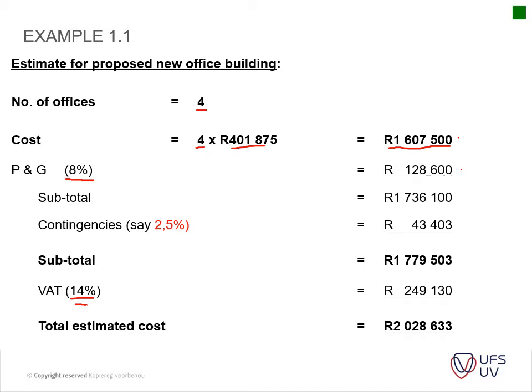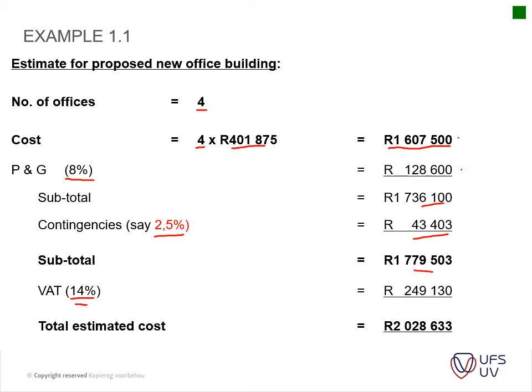Same with your contingencies here. Whenever there's nothing provided, rather use 10% for contingencies. That is a standard rate that everyone is familiar with in the industry, so you're more than welcome to use that. So you get your new subtotal, and then you add your contingencies to that, and then you've got your subtotal.